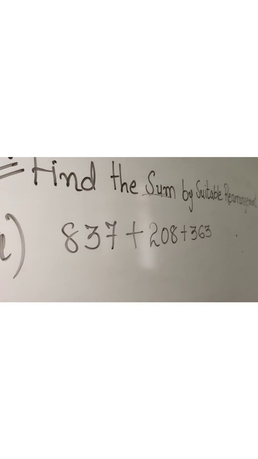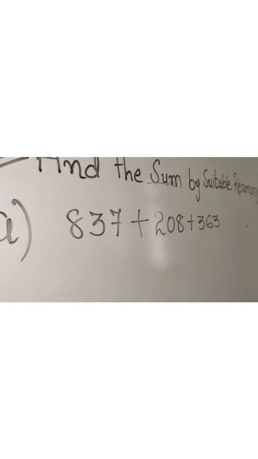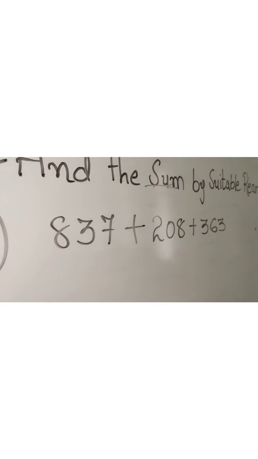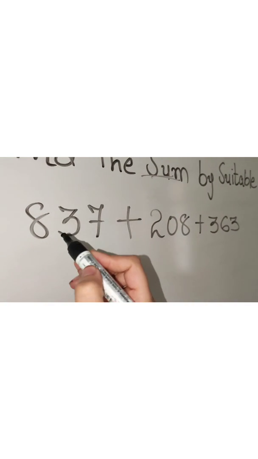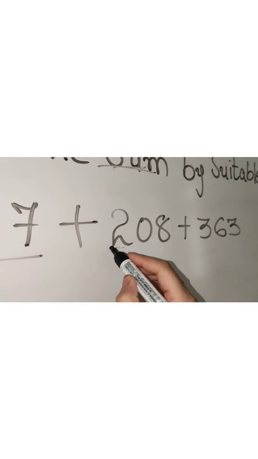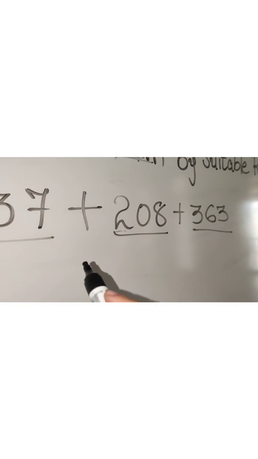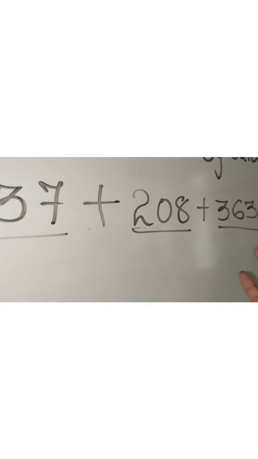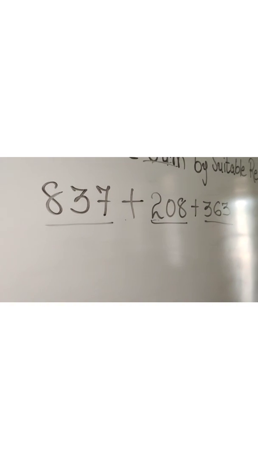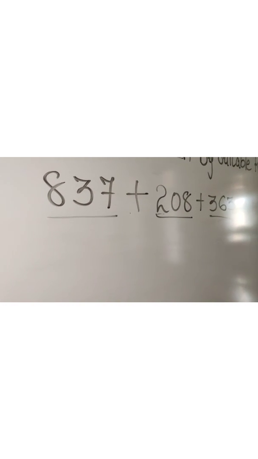Rearrangement means you have to rearrange this given numbers. So here you can see we are having three numbers, 837, 208 and 363. And among them there is plus sign, right? So let's begin that how to solve this sum.